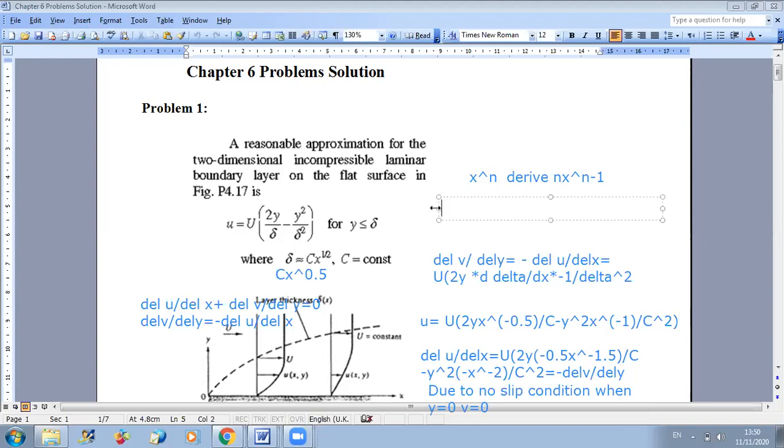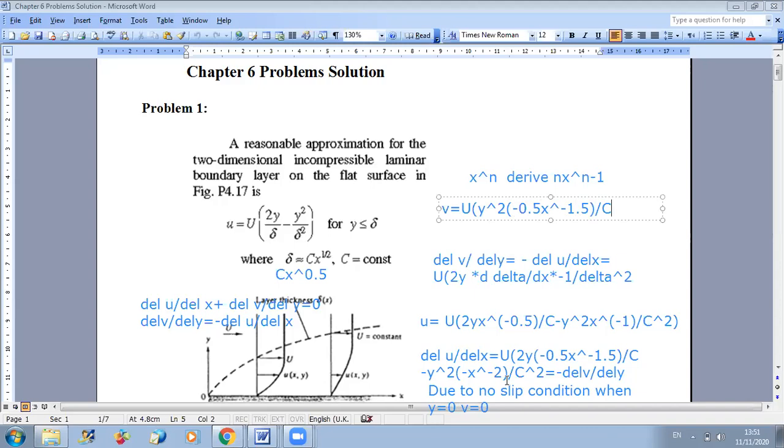By integrating this term with respect to y, what do I get? I have U times the integration of 2y, which gives y squared, times the remaining term, which I take as it is because I consider x as a constant: minus 0.5 x to the power minus 1.5 over c.